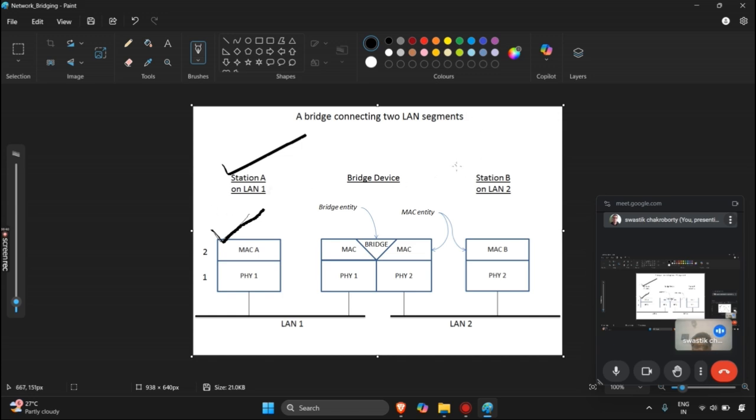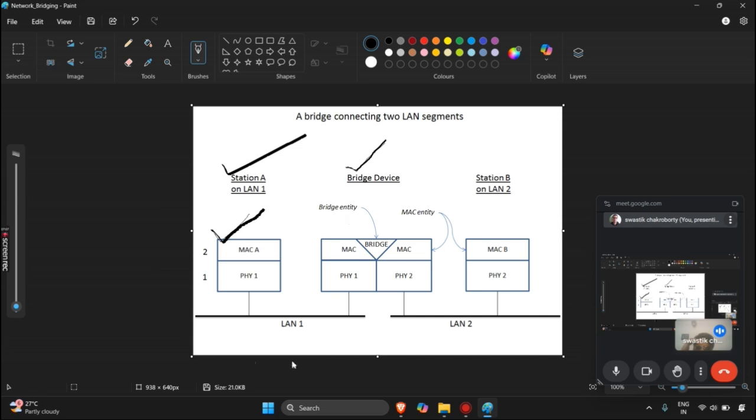And then there is station B which is on local area network 2. These two are independent networks. This is one network, this is another network. They are not dependent networks. But they are joined together via a bridging mechanism called a bridge device.